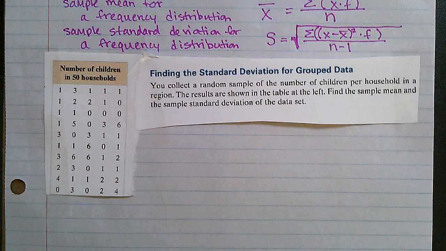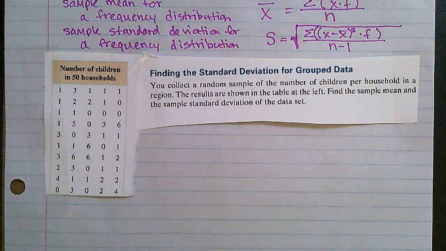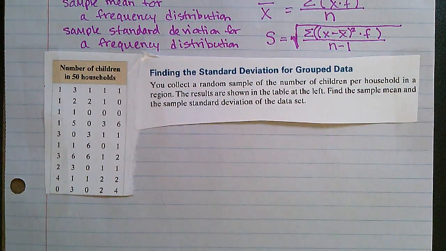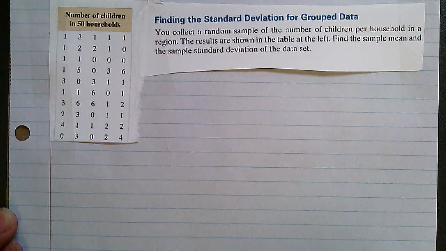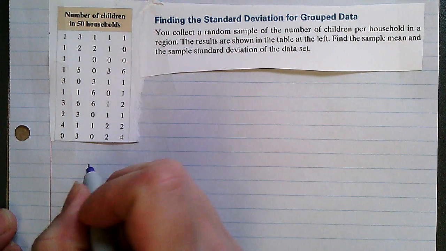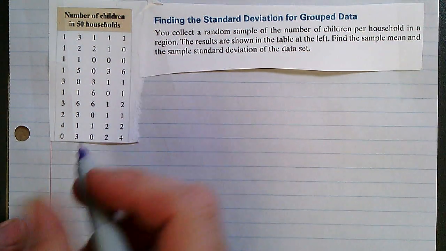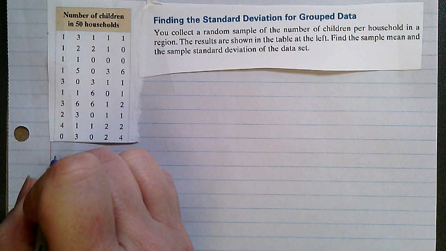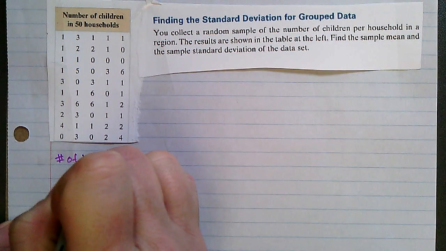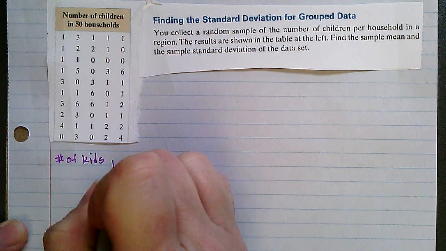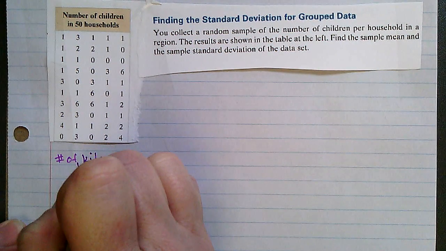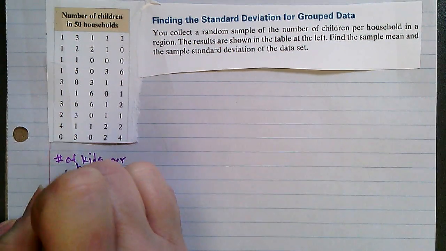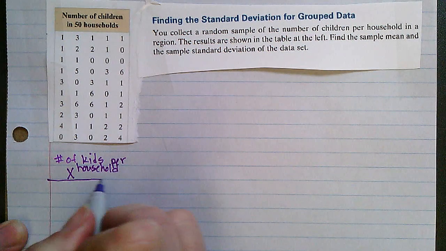So our first task is going to be to create a frequency distribution so we can use our formulas. We're going to start with data values, which will be the number of kids per household. So that is going to be x, our data values.